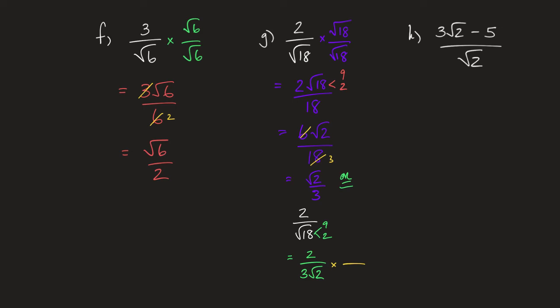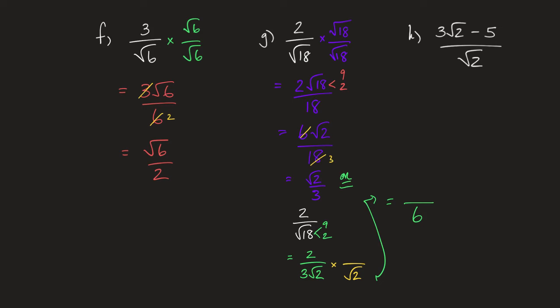However, I like to keep my numbers small. So I'm not going to multiply by 3 root 2. I'm only going to multiply by what's needed to rationalize the denominator. And that's by just root 2. Notice that if I go through and I multiply that denominator by just root 2, then my denominator becomes 3 times 2, which is 6, and I get to work with smaller numbers.